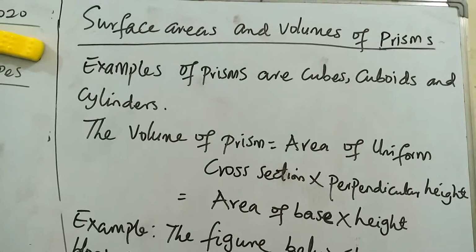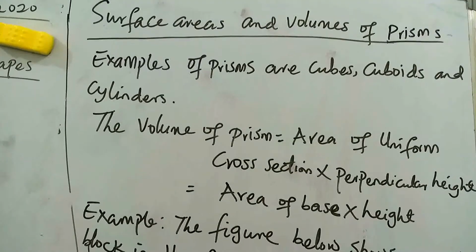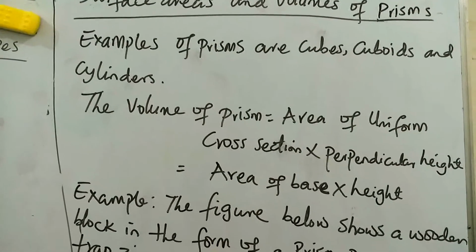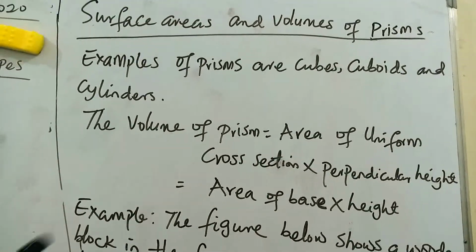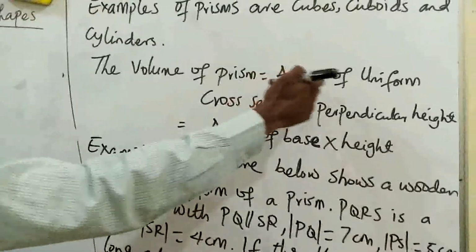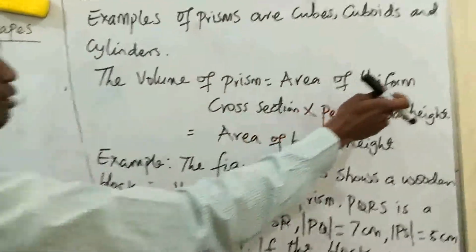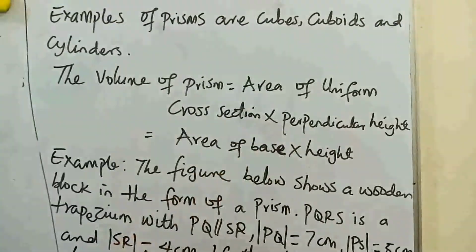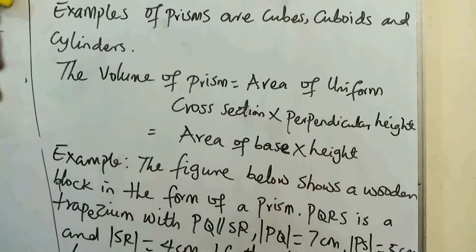Yes, we are looking at surface areas and volume of prisms. And we already know that cubes, cuboids, and cylinders are examples of prisms. The volume of a prism is denoted by the formula we have on the board: area of uniform cross section times perpendicular height. Or you can say area of the base of the prism times height.